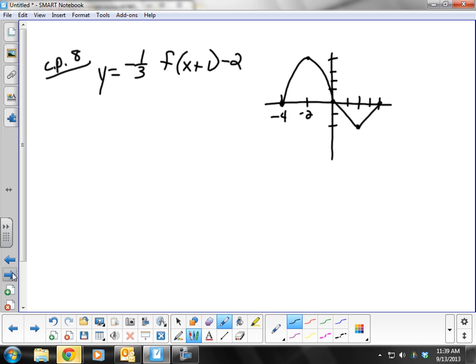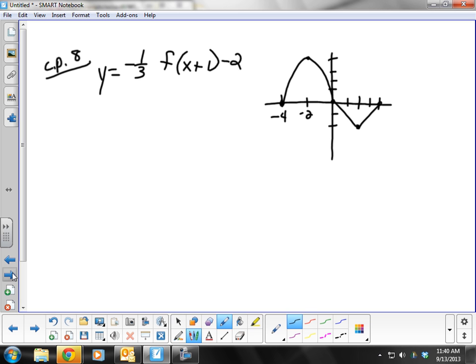So, based on the order of operations, or order of transformations I gave you, is there a horizontal shift? Is there a number added or subtracted inside the parentheses? Yes. I need to shift it to the left 1 unit.